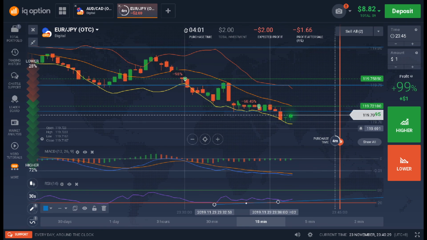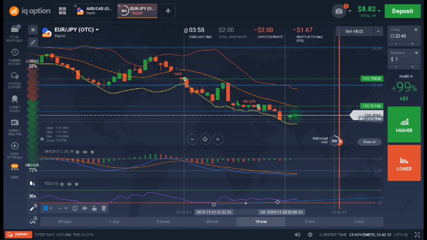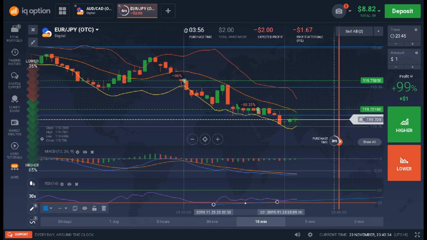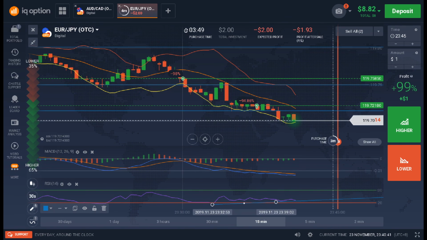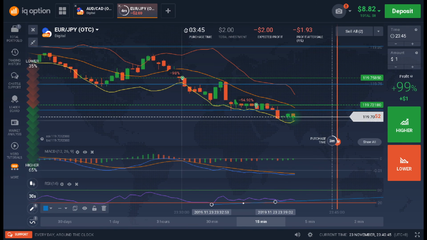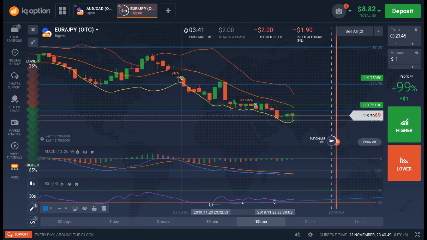This is a doji. Normally, when this comes out near the support, then you will have a bounce. Okay, good luck.